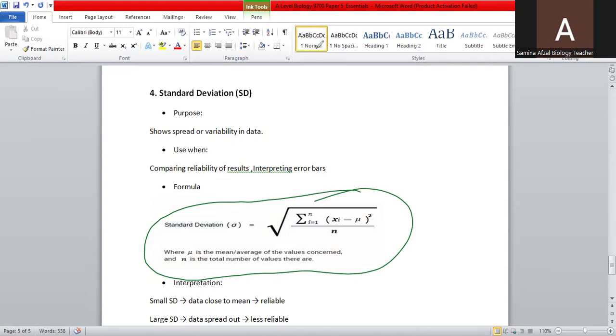A small standard deviation means the data is close to the mean, with small deviation from the original value, so it is reliable. A large one means the data is spread out and less reliable.